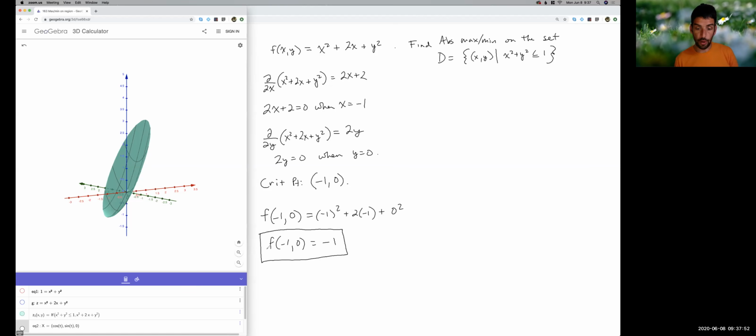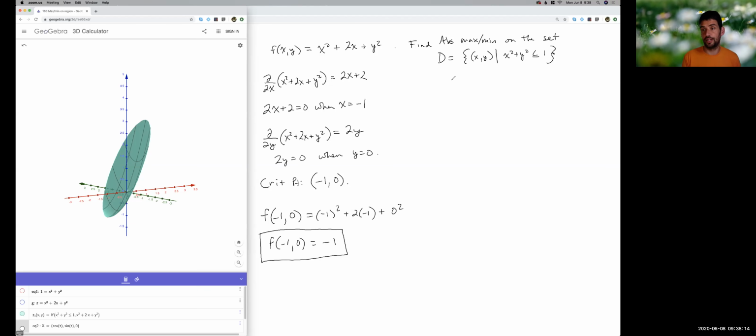Okay, so I'm boxing that. I don't know what answer that is yet, if it's an answer at all, right? I'm just going to go through the whole process. You might guess from this picture what's happening, but either way, all I have to do is evaluate at the critical points. In this case, there's one of them. And then I'm going to take a look at what's happening on the boundary, okay?